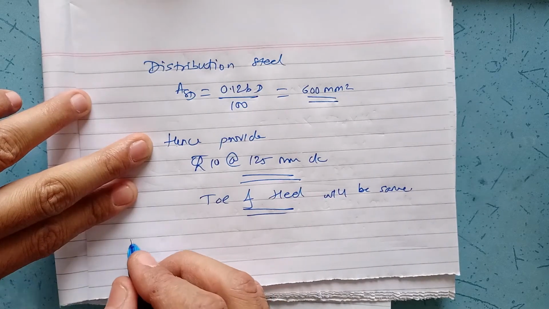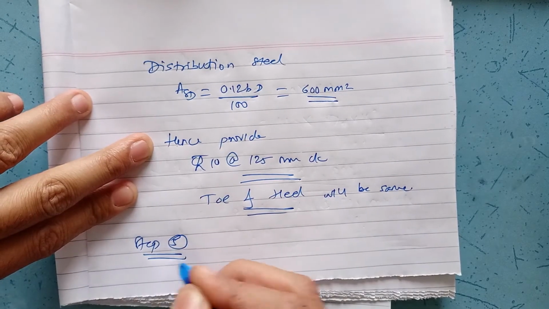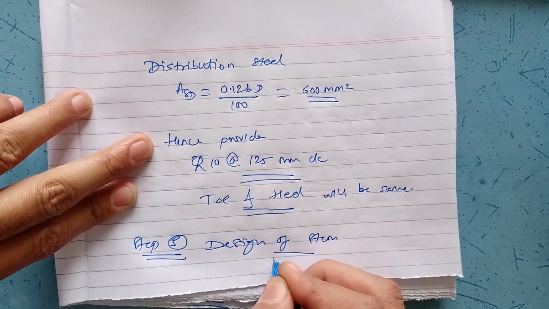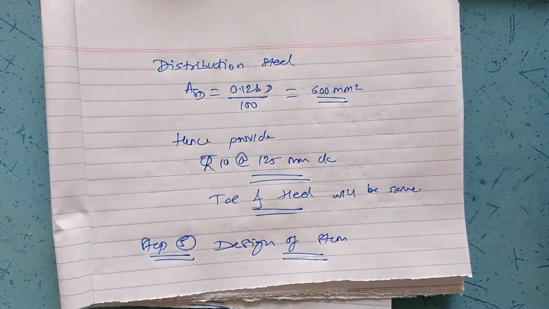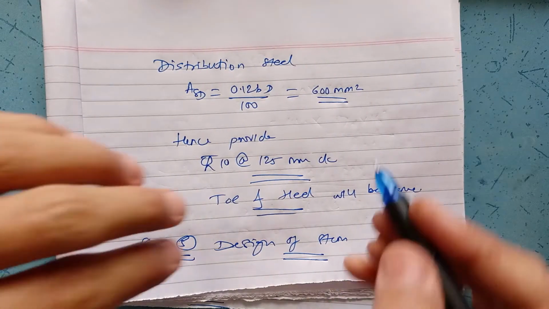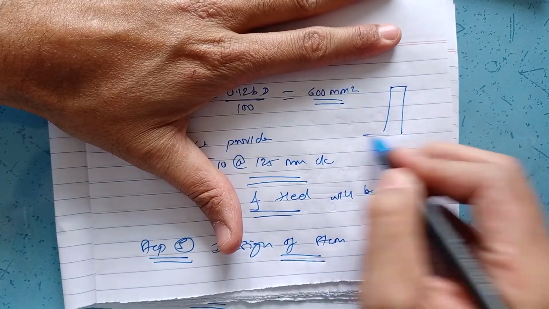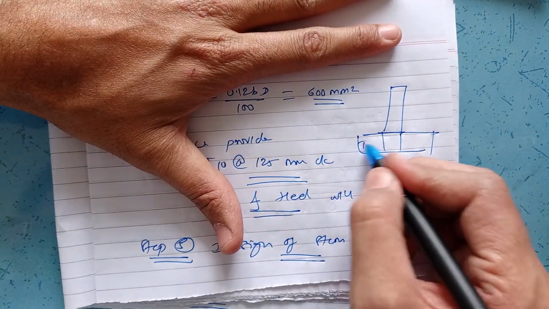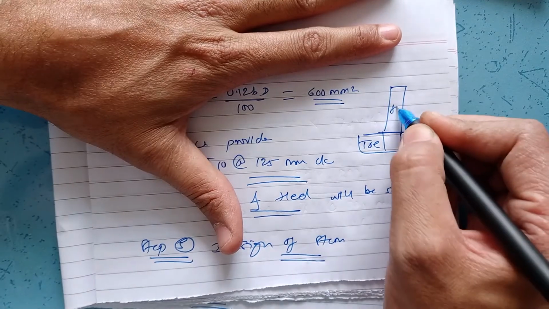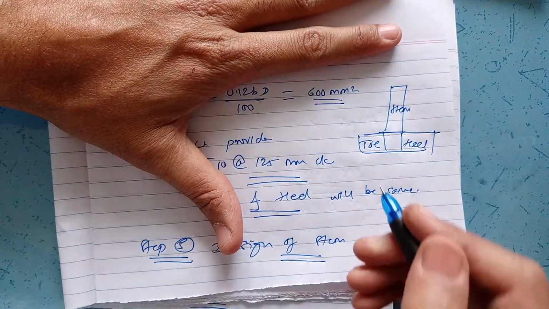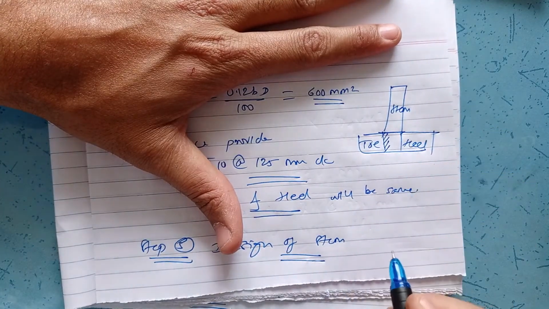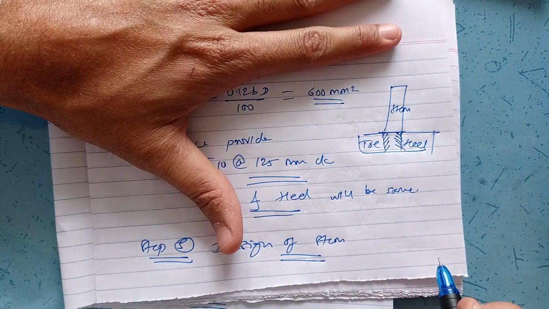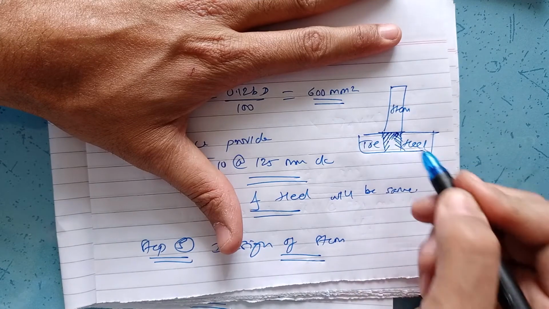Now we'll move towards step number 5, design of stem slab. Don't forget that this is our T-shape retaining wall, and we are designing every component, that is toe, heel and stem, as slab components, because this toe portion is cantilever against this fixed support, this heel part is cantilever against this fixed support, and the stem is cantilever against this fixed support.